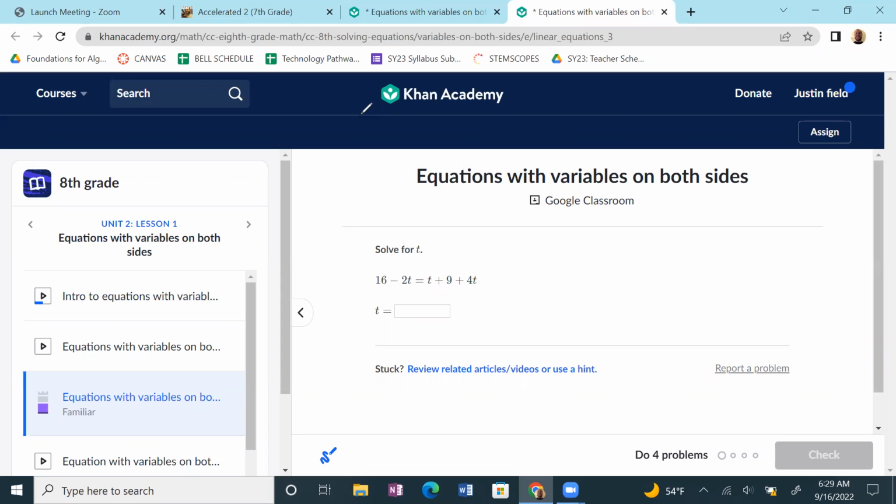There's a lot of ways to talk about it. We can put a balance up and talk about keeping the balance, and that's great. There's lots of great ways, I should say.